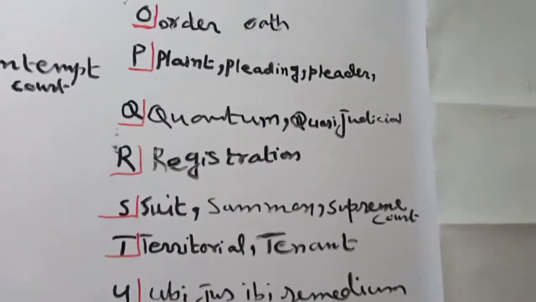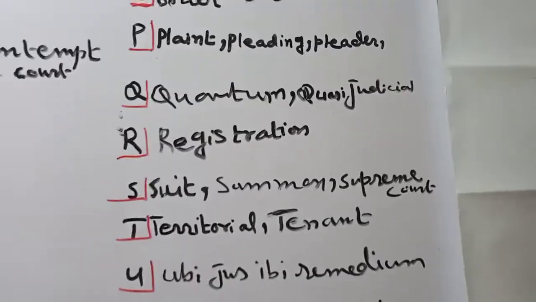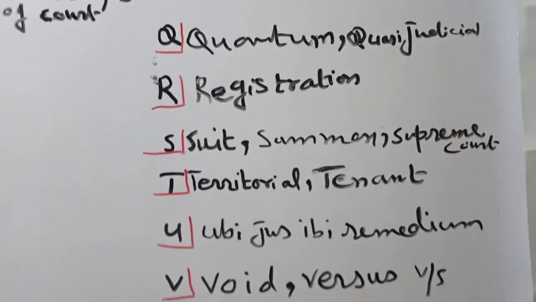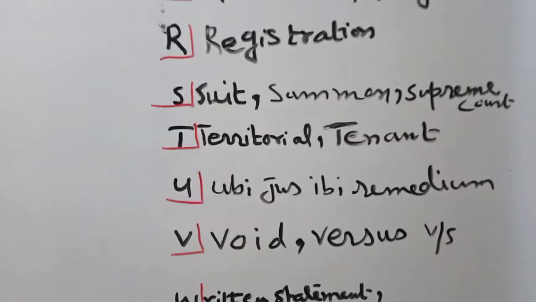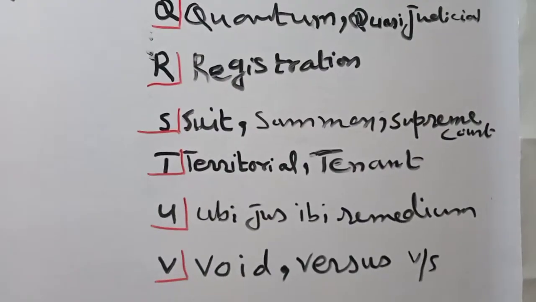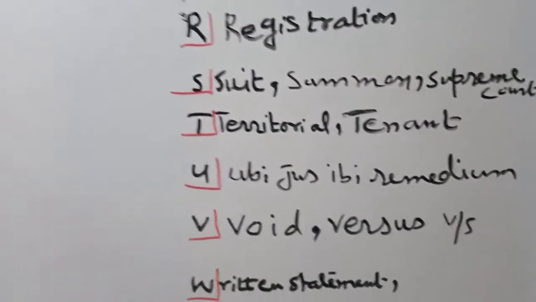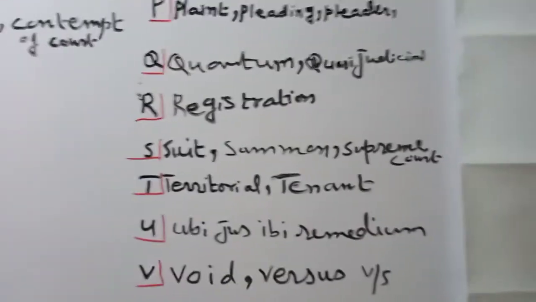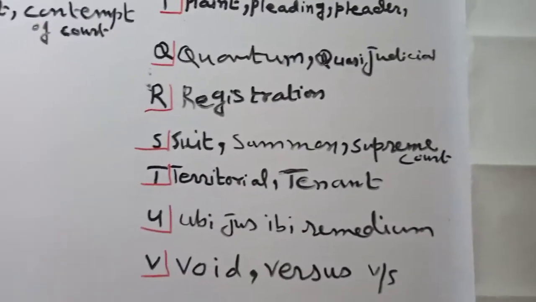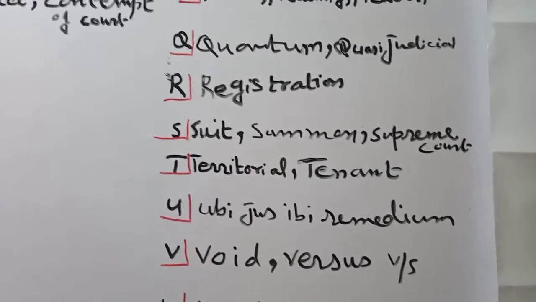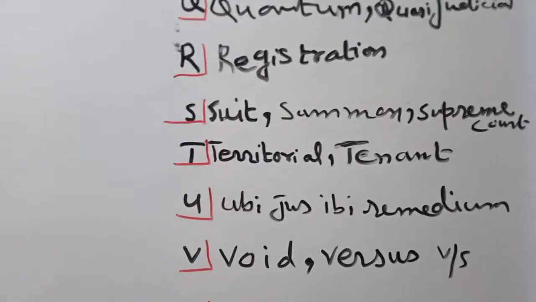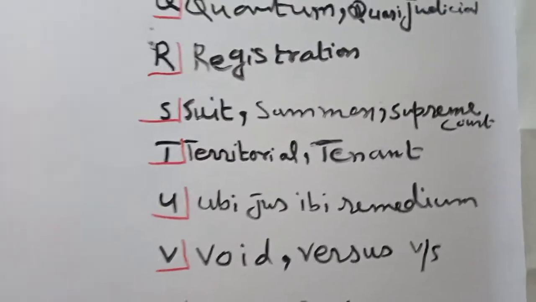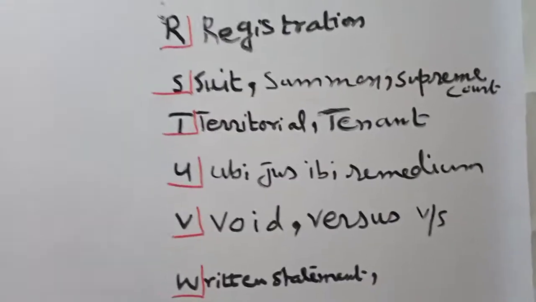Quasi judicial means not fully judicial but half judicial, you can say, partially judicial. Registration. Registration means registered. What registered? Document registered means submitted or written in a book or register, any document of property, anything which is required for registration.